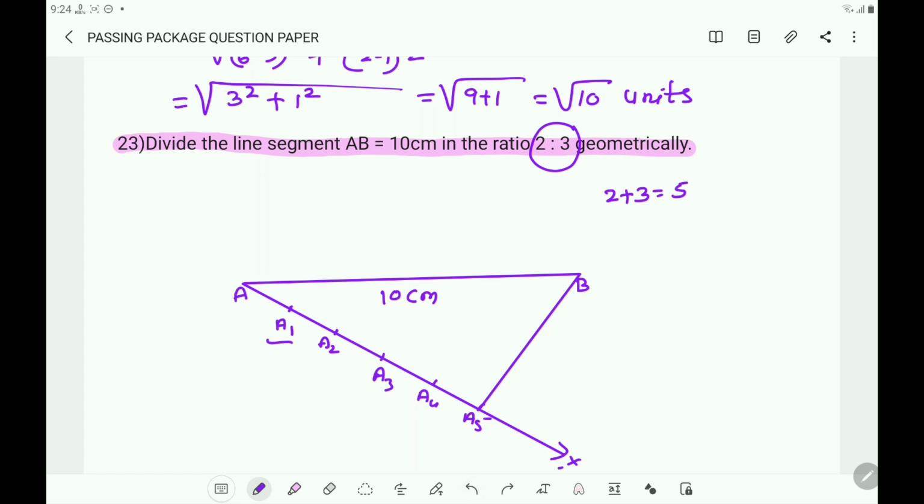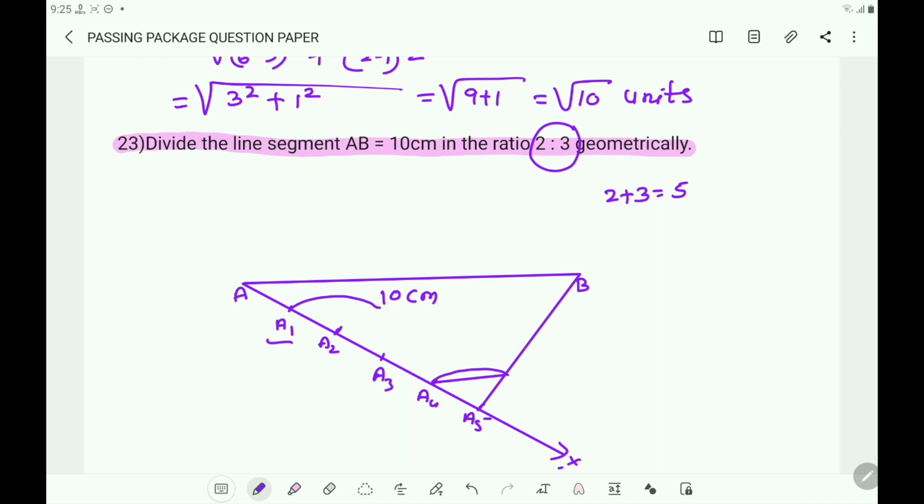So draw a line parallel to this line at point A2. How will you draw the parallel line? Take a compass and draw the curve here. With A2 as a center, draw an arc with the same measurement and find the distance between these two.